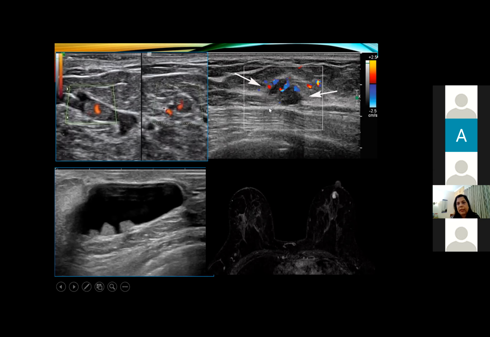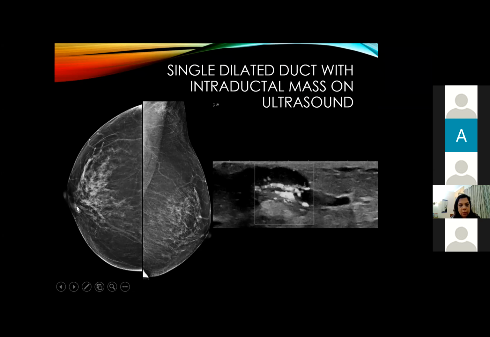Otherwise, these are pretty non-specific, and you would not be really thinking of papillary lesions only at imaging. This is the other common finding, a single dilated duct which may be seen on the mammogram, and on the ultrasound you see an intraductal mass with vascularity.